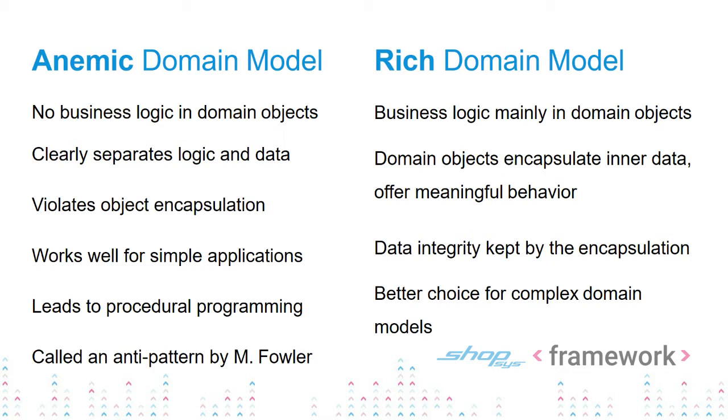This can look like a good thing, because it separates some concerns, but it really violates object encapsulation, because those domain objects have all their properties public in terms of the setters, and any part of your application can independently change their inner data.